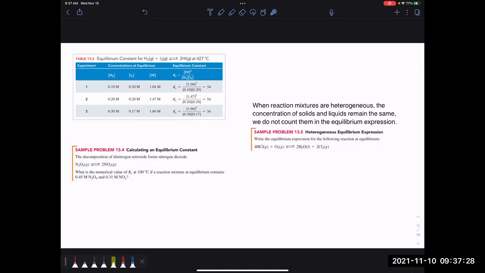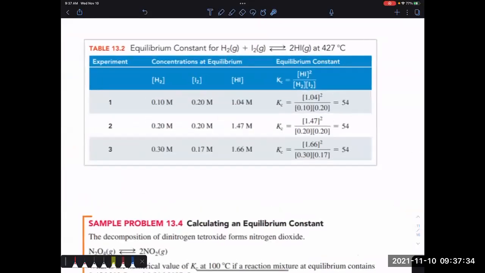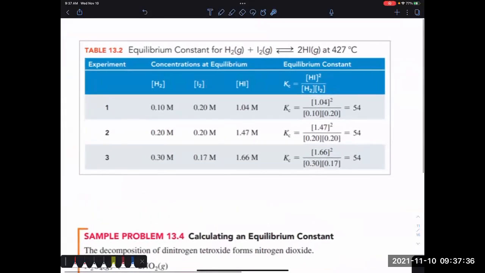So our equilibrium constants are a ratio between the amount of products and the amount of reactants that we have. So in this equation, for example, there are these 3 different experiments which start with different concentrations of either products.